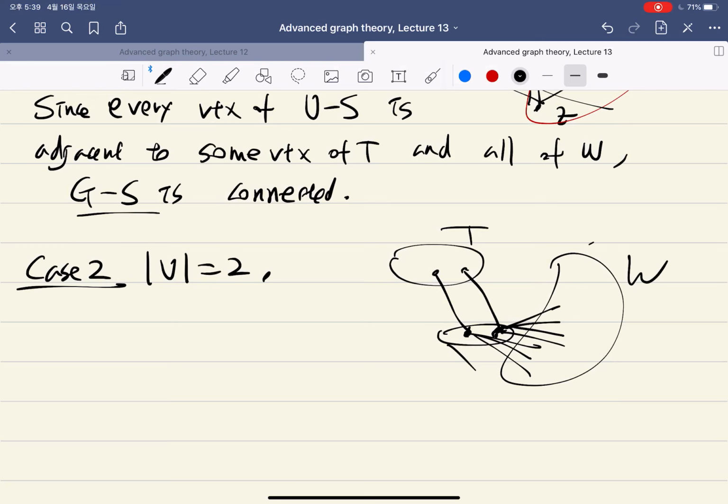Then we know that this is R regular, so the size of W cannot be too large.